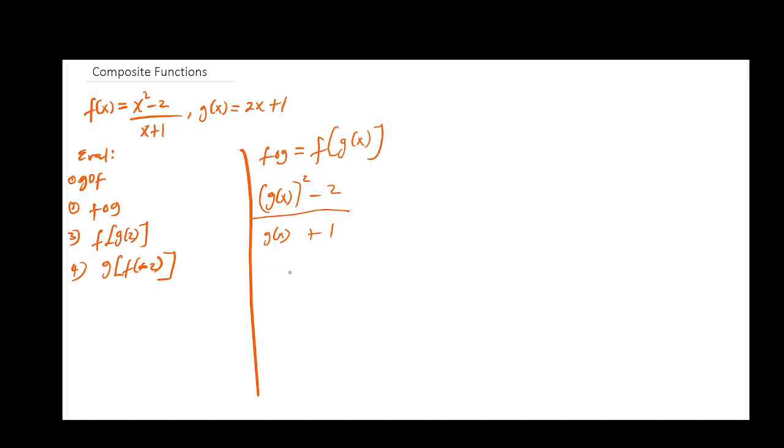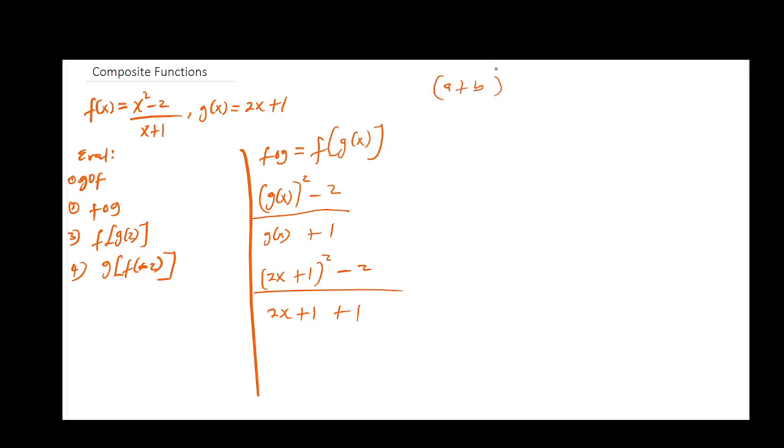Now, if we substitute g of x in f, we're going to have 2x plus 1 all squared minus 2 all over 2x plus 1 plus 1.